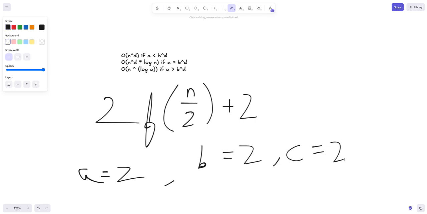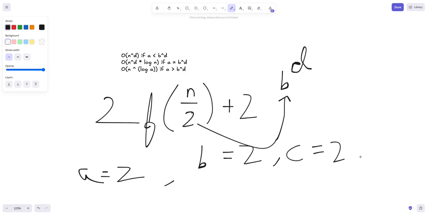And we're expressing this in the form of b to the power d.